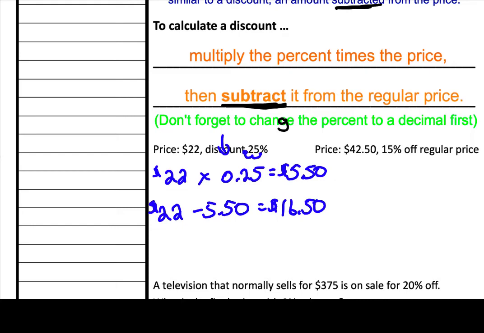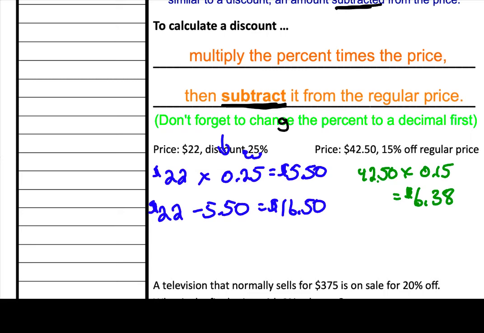So this time it's subtracted from the price, it's a discount. So think of a coupon at Kohl's or a deal on Amazon where they've taken a percentage off of your price. So here, $42.50 times 0.15, 15%. So $42.50 times 0.15 is going to round off to be $6.38.